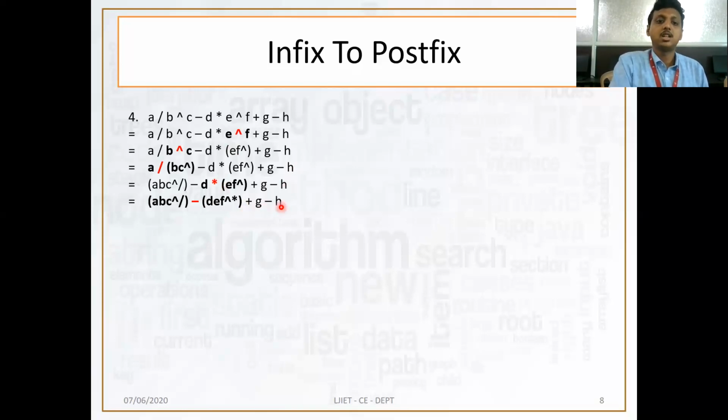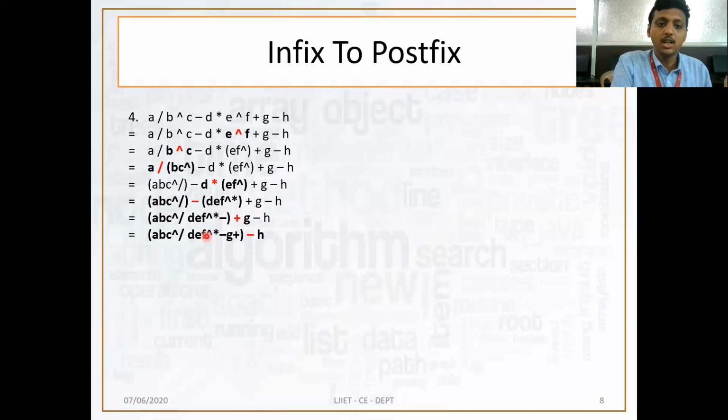Plus G minus H. Now we have minus, plus, minus. So what we need to do is combine from left to right. Take A B C caret division, D E F caret star, and minus at the back side. Then plus G minus H. Again take the whole string, combining G plus at the back side.